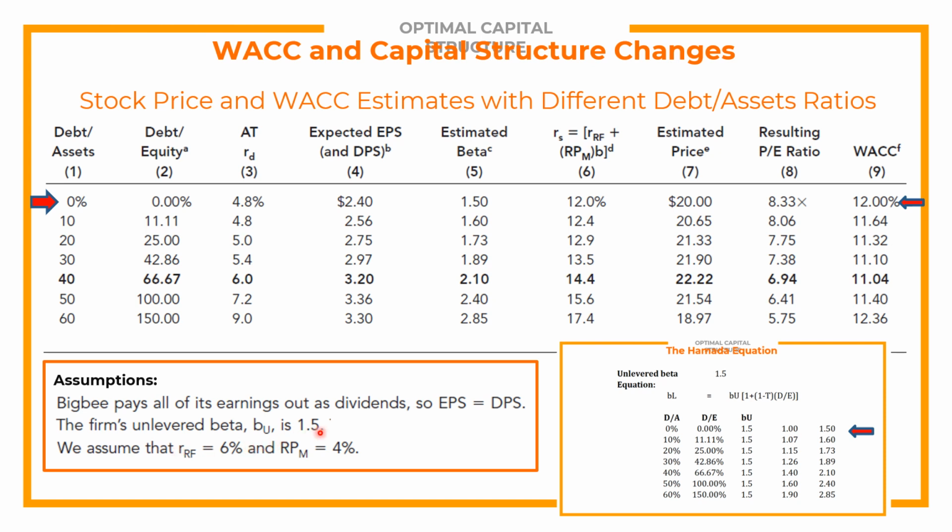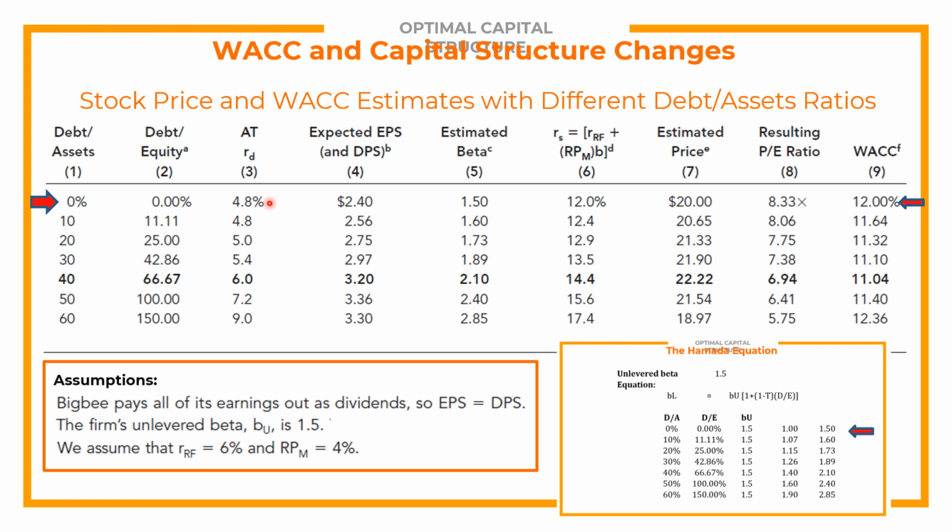Okay, so we will start there. So at 0 debt assets, our debt equity is 0, as I have mentioned a while ago. Then we have the after-tax cost of the debt. So this is the 60%, okay, of the interest cost. Okay, so we have given 8% times 60% after tax.